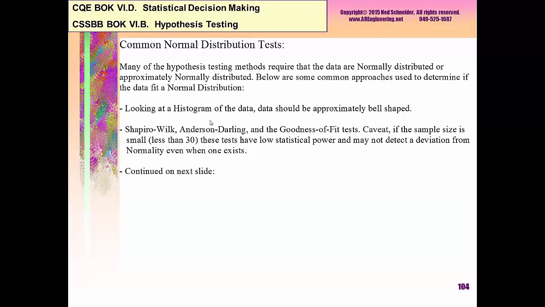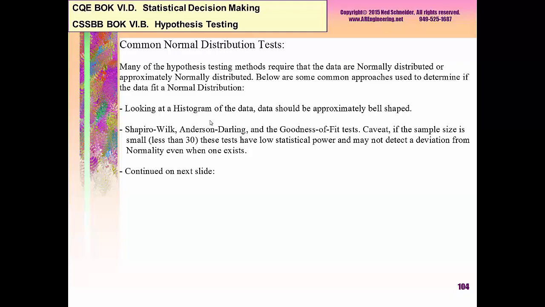Again, that approach is a little subjective. Another approach is to perform distribution fitting tests. Shapiro-Wilk, the Anderson-Darling technique, or the goodness of fit tests are three commonly used tests to fit the data to a distribution, in this case, the normal distribution.